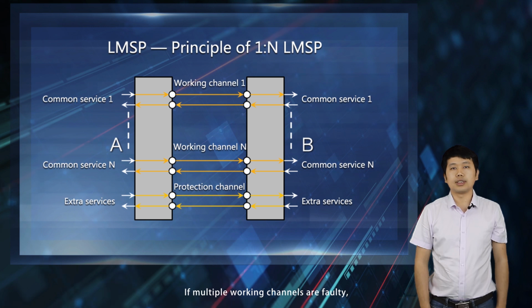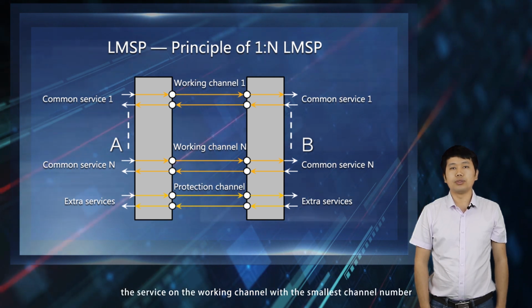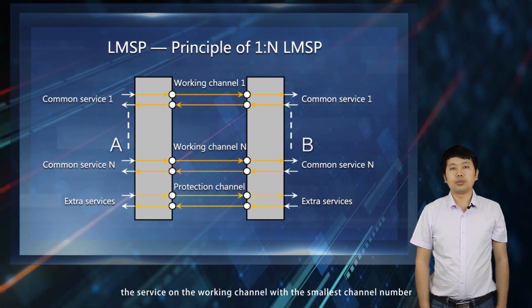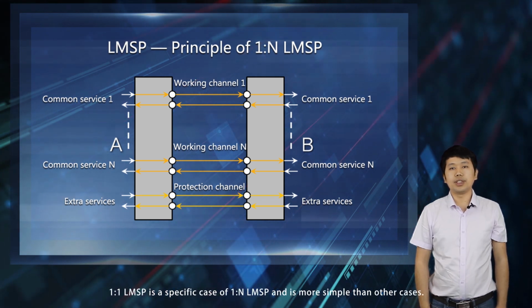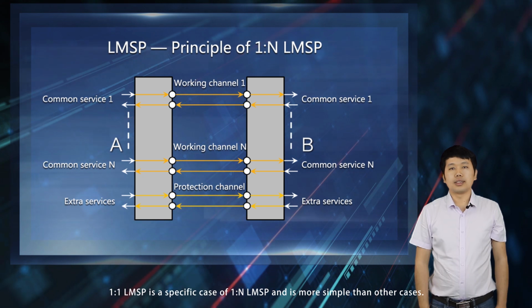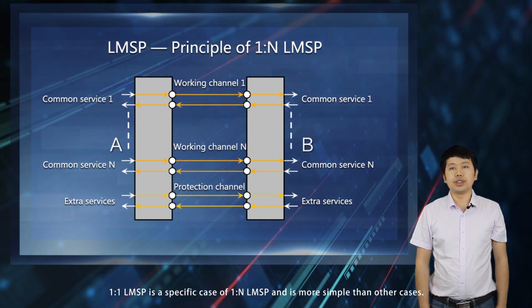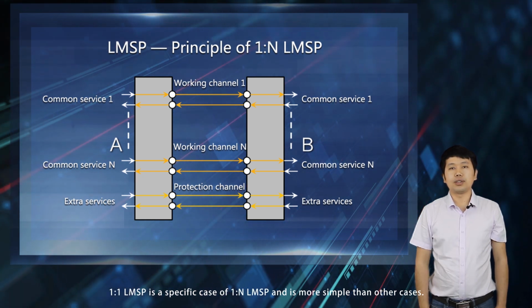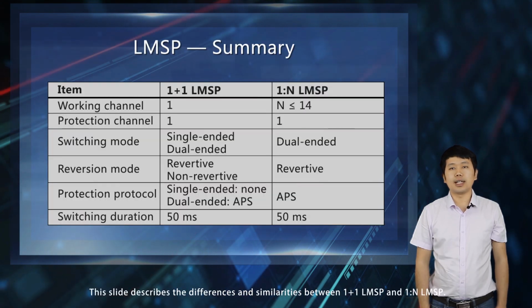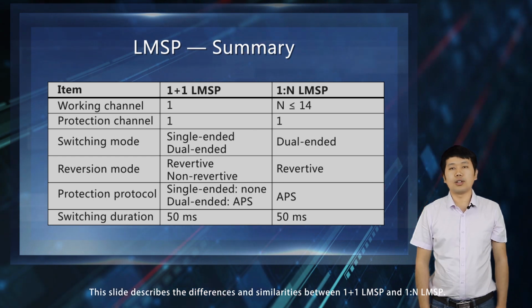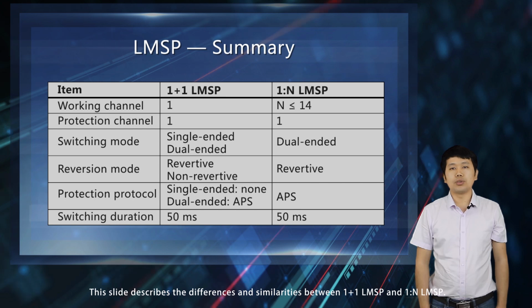If multiple working channels are faulty, the service on the working channel with the smallest channel number is preferentially switched to the protection channel. 1-to-1 LMSP is a specific case of 1-to-N LMSP and is more simple than other cases. No details need to be provided here. This slide describes the differences and similarities between 1+1 LMSP and 1-to-N LMSP.